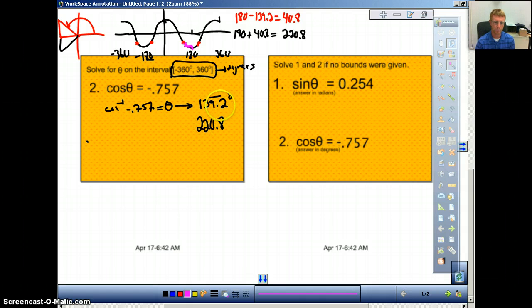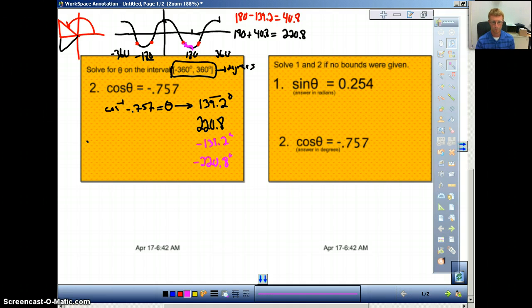So 139.2 minus 360 would be negative 220.8, and we're also going to get negative 139.2 because it's cosine, it's going to be the complete opposite. Those are the two other values. So we have 4 values here.